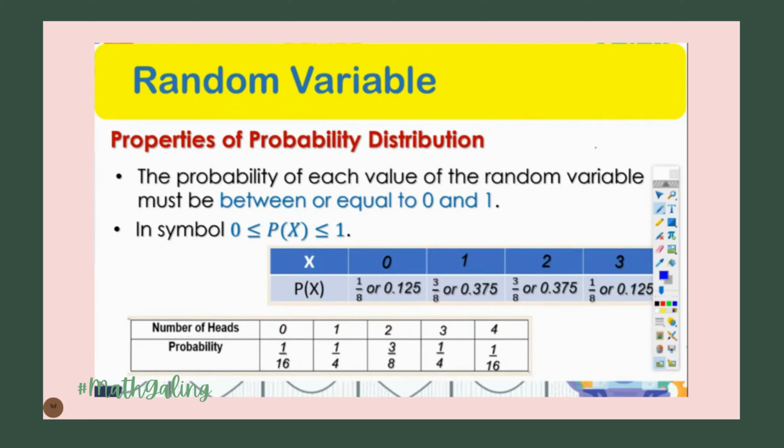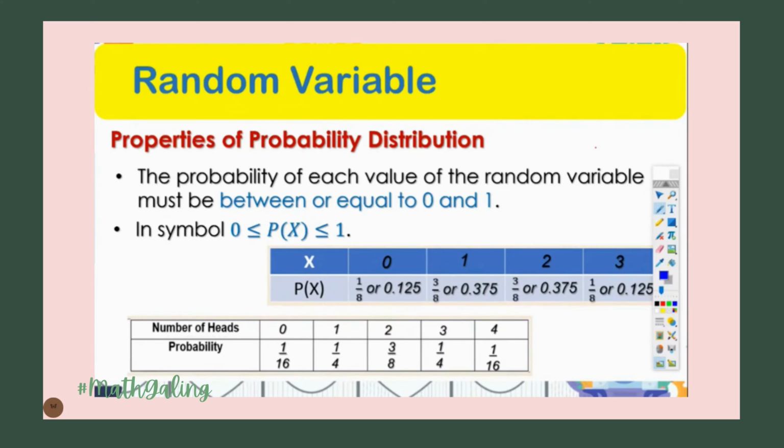So the value of a proper fraction is between 0 and 1. So the probability of each value of the random variable must be between or equal to 0 and 1. Remember that a probability can be 0 or 1: 0 if it's impossible to happen, and 1 if it's sure to happen.